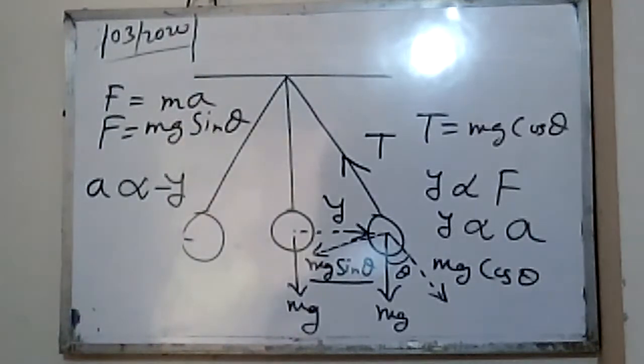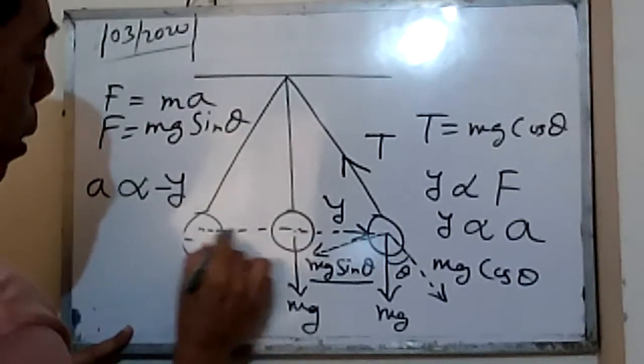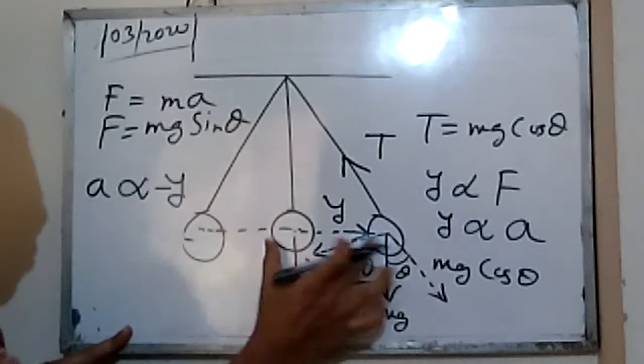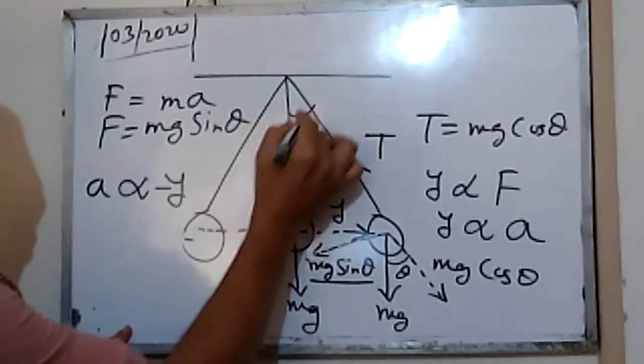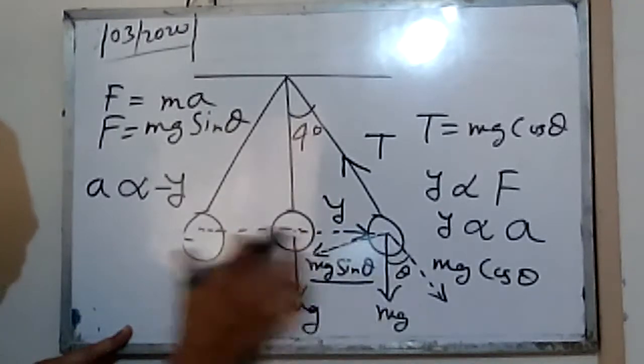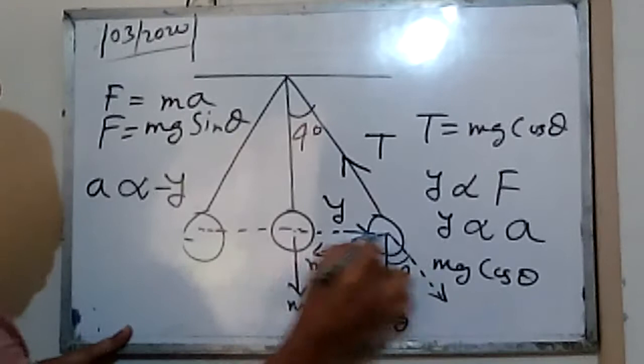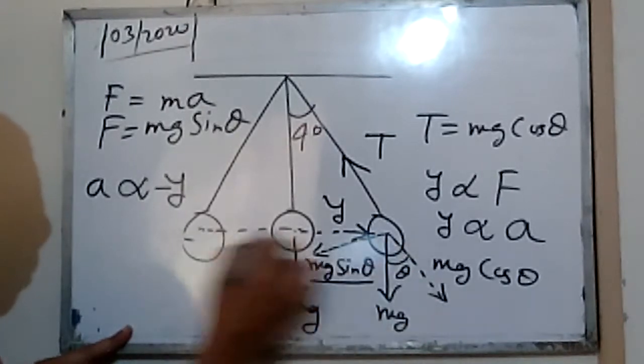Now we find out the characteristics of simple harmonic motion. First, the displacement is almost, this is 4 degree, almost a linear straight line.